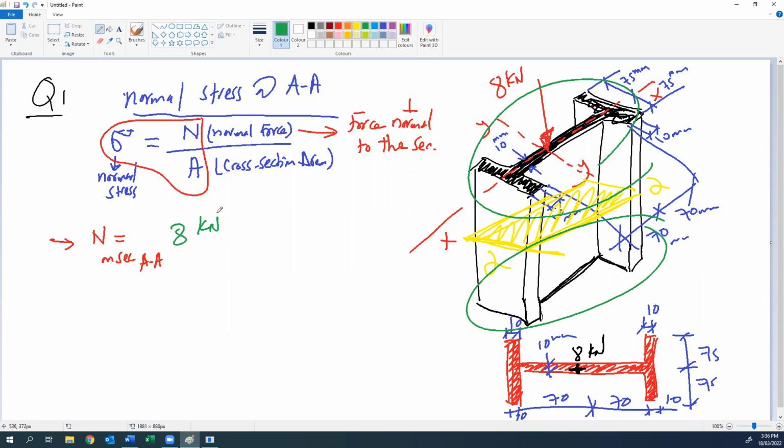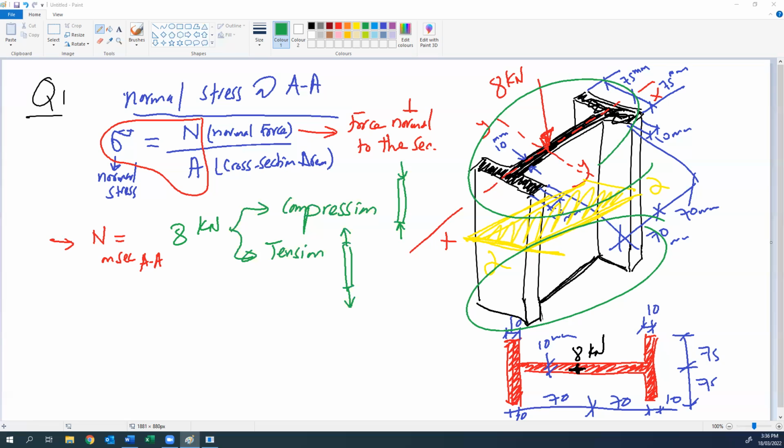Okay, this normal force can be compression or tension force. Any normal force can cause tension or compression. If we have a member and we are pushing this element, this member is under compression. If we are pulling this member, it is under tension. So for our example, under compression or under tension?